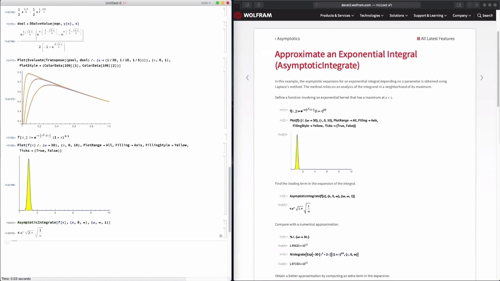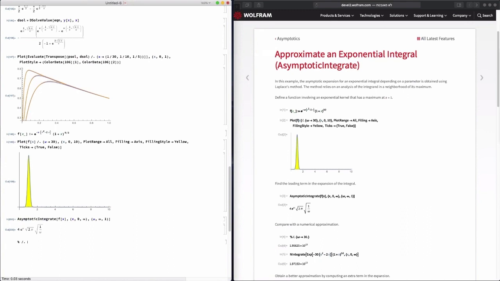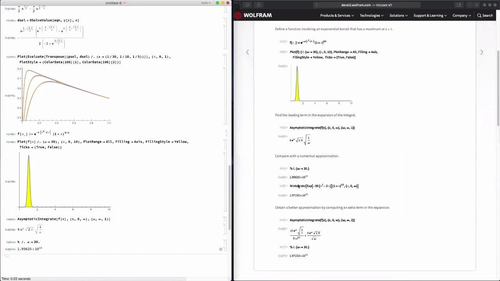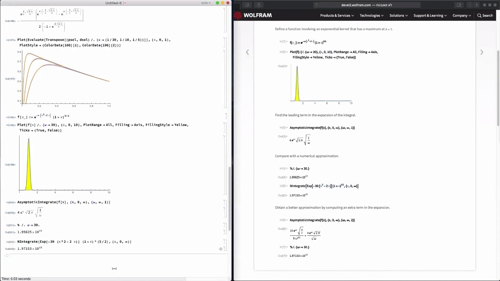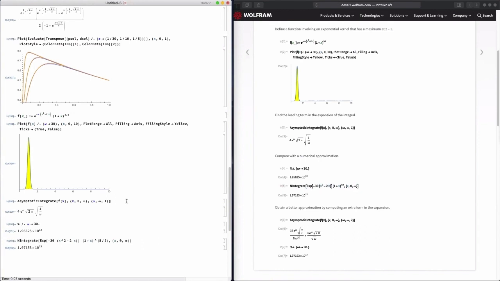So there's that solution, and we're now going to plug in a value for omega, where close to infinity in this case means 30, and we get that answer. And if we were to just call integrate, we see, within a percentage point or so, we have the correct answer using just one term.